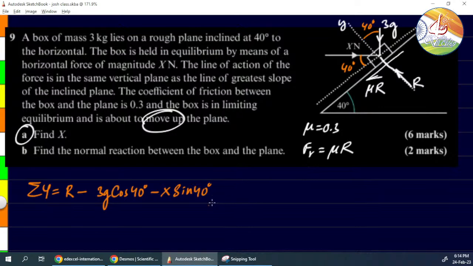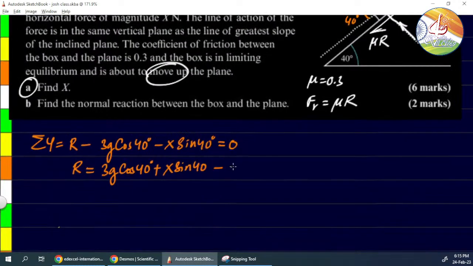The other force is in the x direction, so no components of that. So the R value will be unknown, right? So let's write the equation of R. R is 3g cos 40 minus X sine 40, minus will go to the other side, becomes plus, right? Let us call this equation 1.